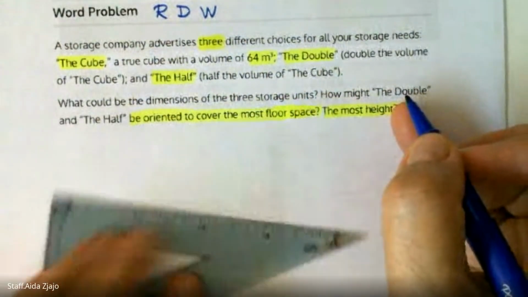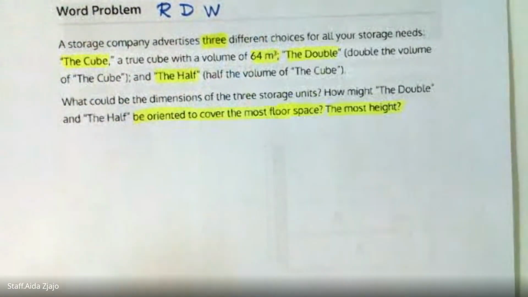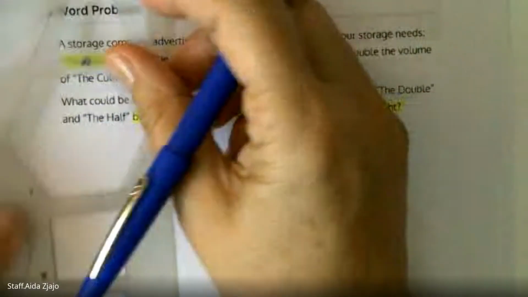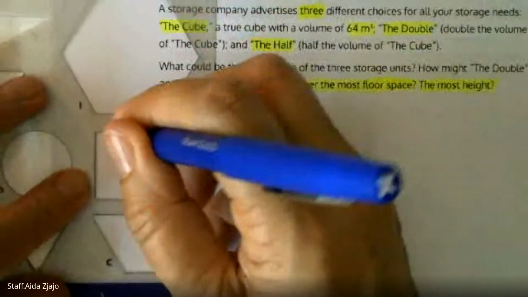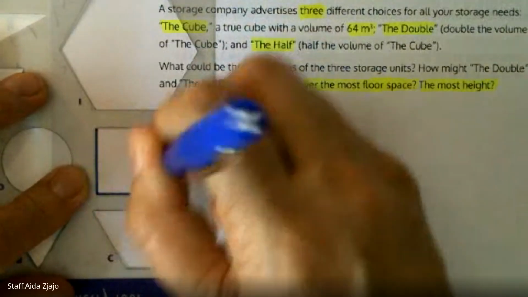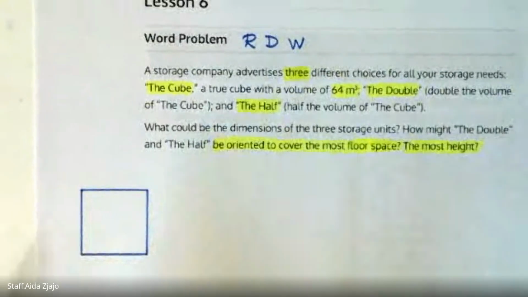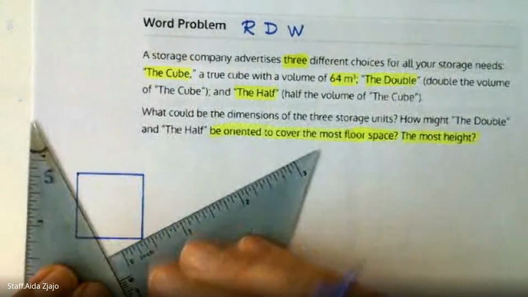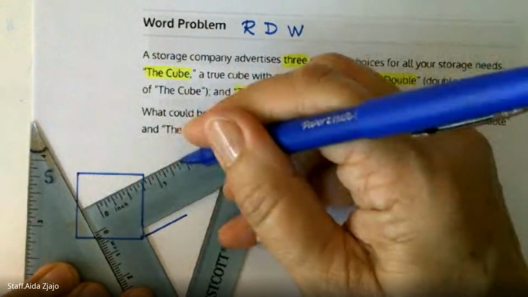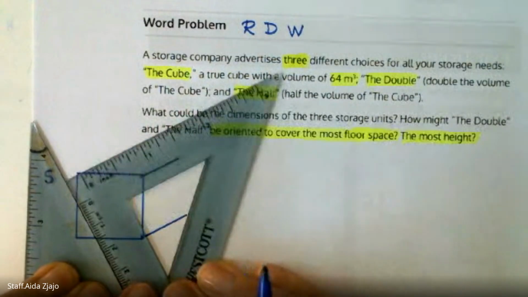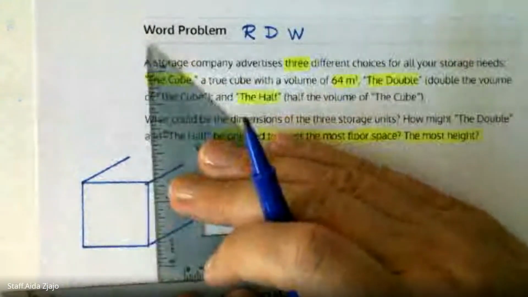This is the cube. Let me see if I can use this to do a quick drawing. Okay, so this represents the first 64 cubic units.